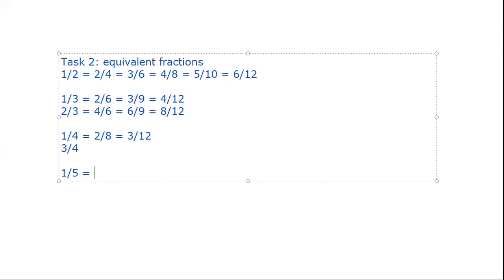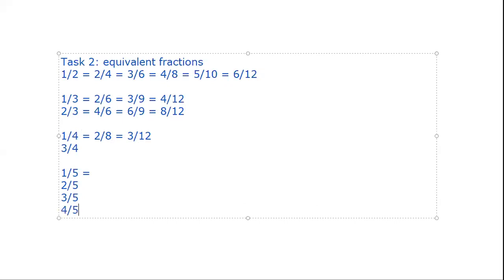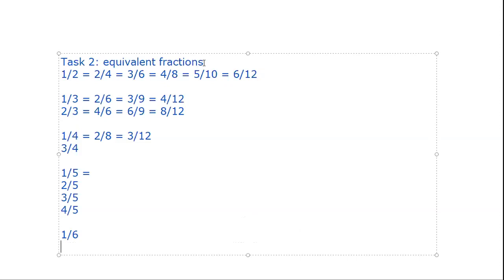Then we do the similar thing for 1/5, then of course 2/5, 3/5, 4/5. Then 1/6. And similarly, I think 2/3 is all. 2/6 is already here. 3/6 is already here. 4/6 is here. So 5/6 will come in fresh.